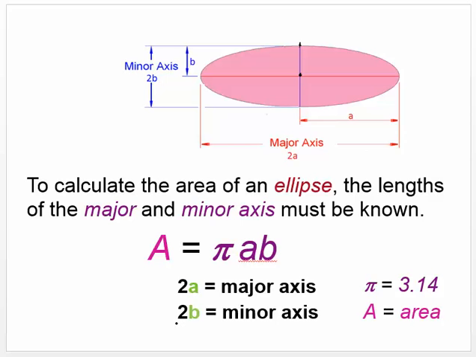And that's why we have this equation down here. The major axis, we can consider the distance from the center to the end as a. So 2 of those gives us the major axis, hence 2a. And that's that equation. So we're giving you several equations here. Again, this is the area of an ellipse. Pi is 3.14 and A stands for area.